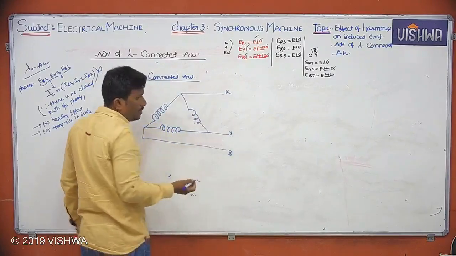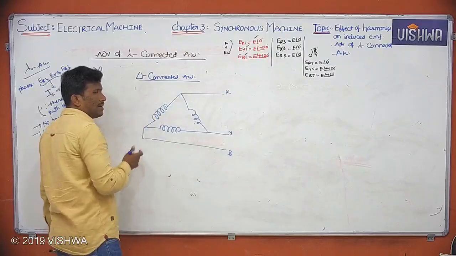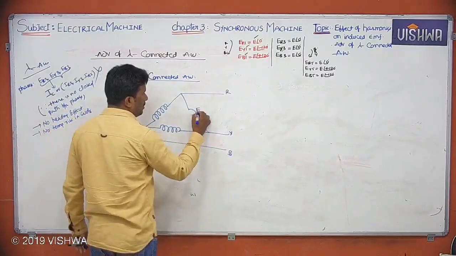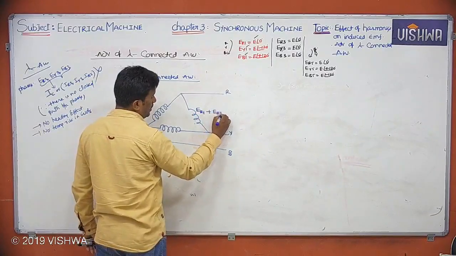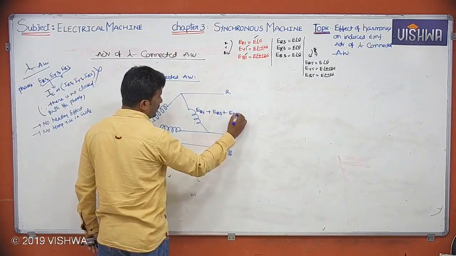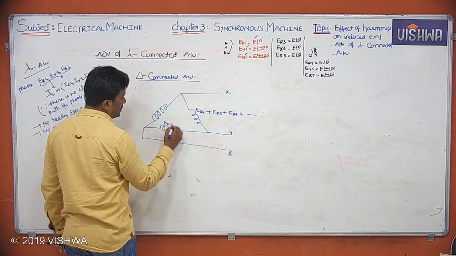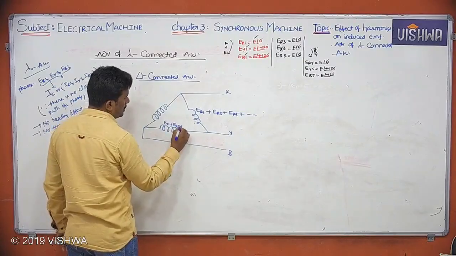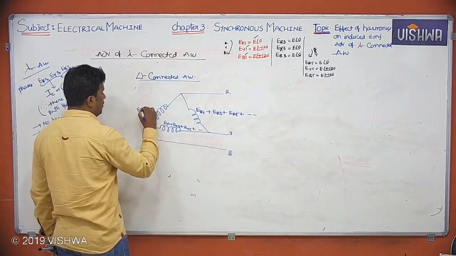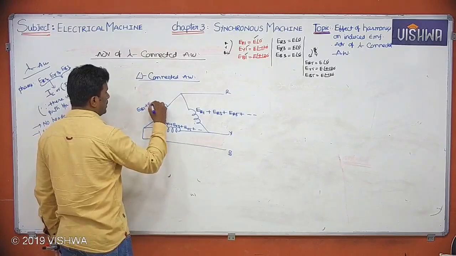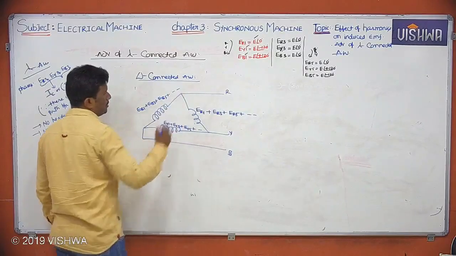As I told you previously, in armature winding, even if it is star connected, what EMFs are induced in the phase? ER1 plus ER3 plus ER5 and so on. Similarly, what about here? EY1 plus EY3 plus EY5 and so on. What about here? EB1 plus EB3 plus EB5 and so on.